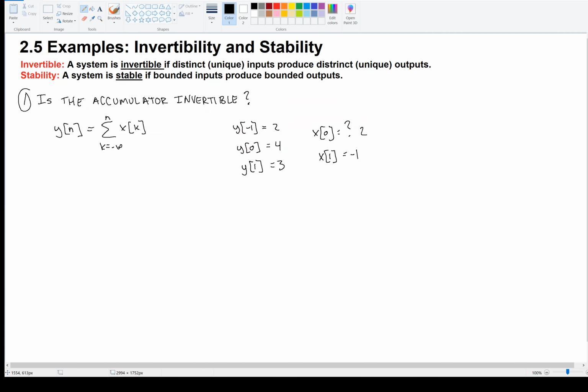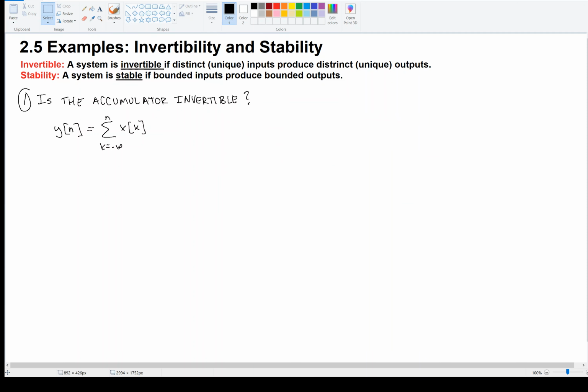So by just stopping and thinking for a second, before we get into proofs, we have a good guess that this should be invertible. We should be able to get the input given the output. Okay, so let's see if we can do that.